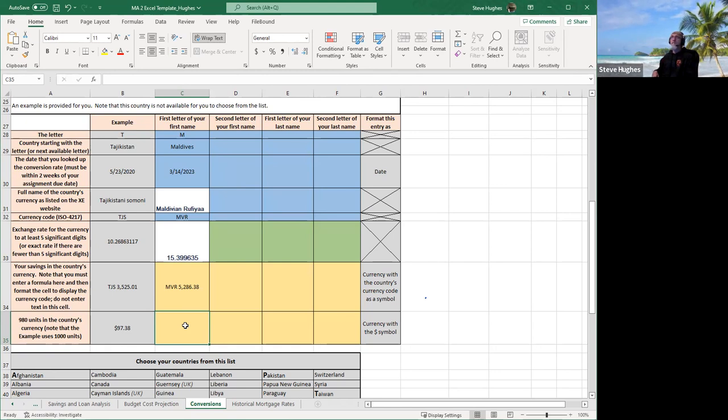Now, everybody, in my example here it is 980, or 1,000, whatever yours is, it doesn't matter, divided by this country's currency conversion, which in this case is C33. Hit enter and you've got it. This is a US dollar, so hit equals. And that tells me that 980 MVR is $63.64 in US currency. And we are done, everybody.